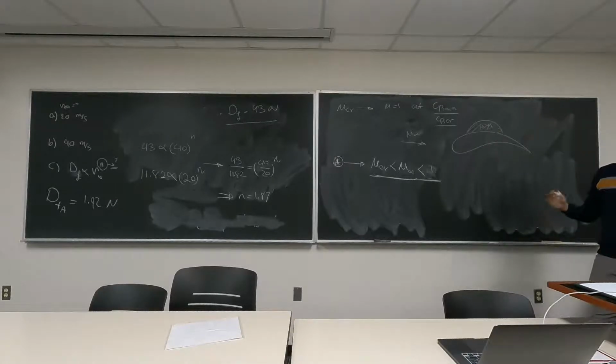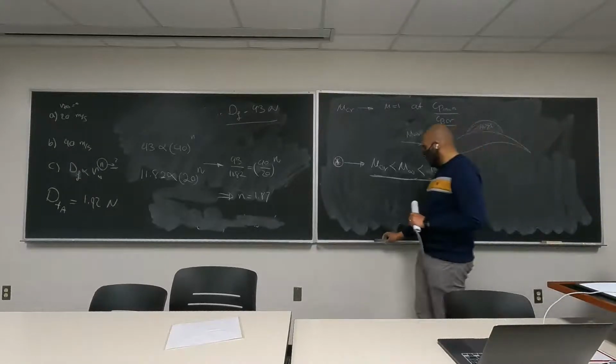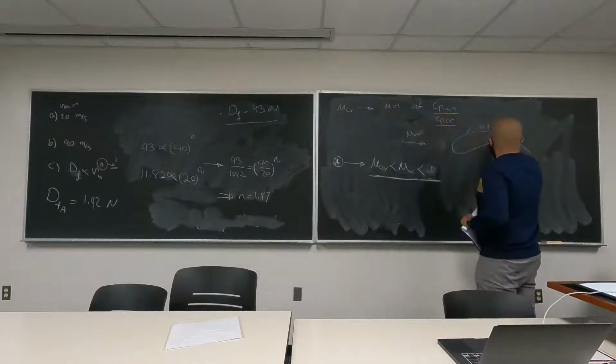So what are we going to see here? We have a region of supersonic flow on the wing, on the airfoil, and it is comfortably supersonic, so it's not in the transonic region anymore. What are we going to see? Shock waves, exactly. So we're going to see local shock waves.